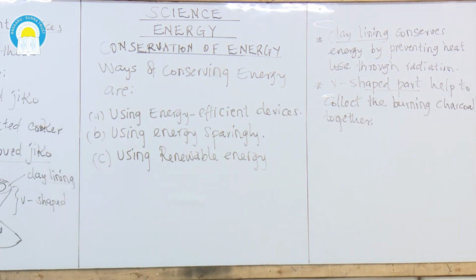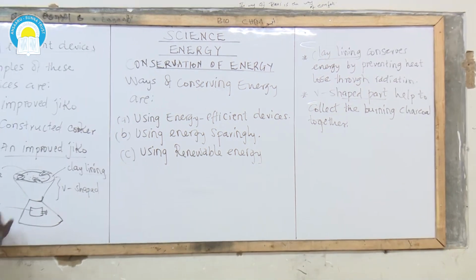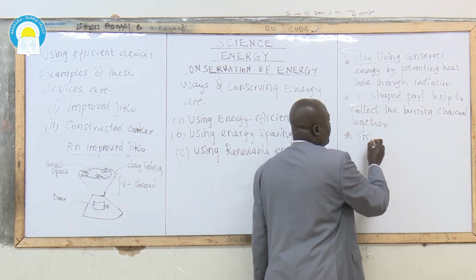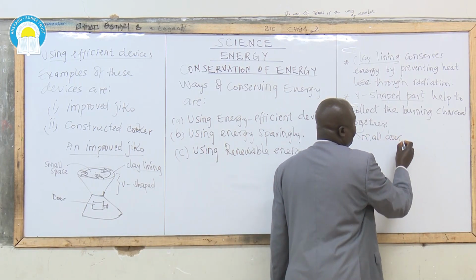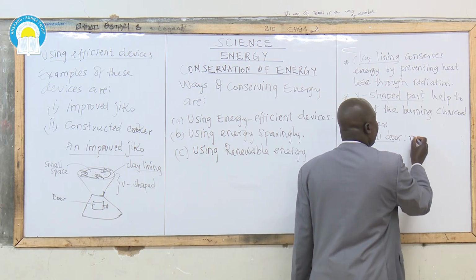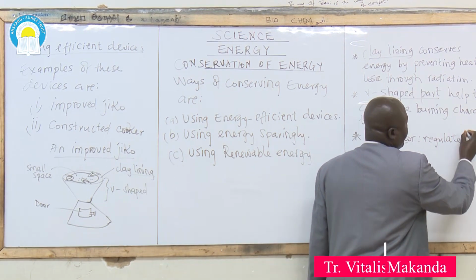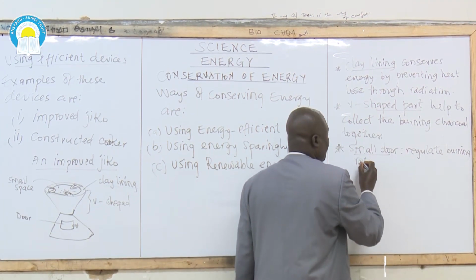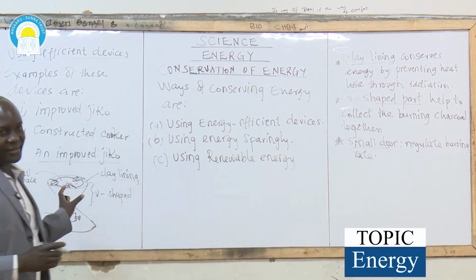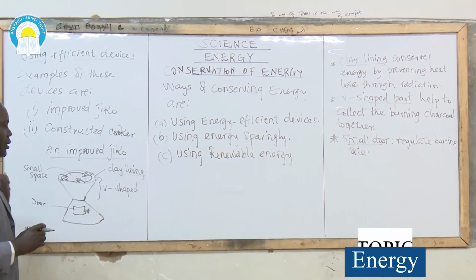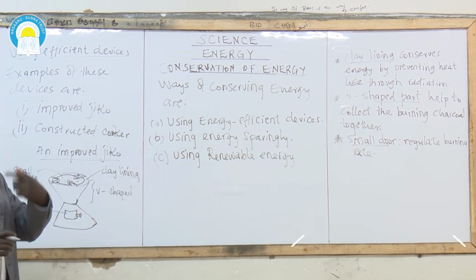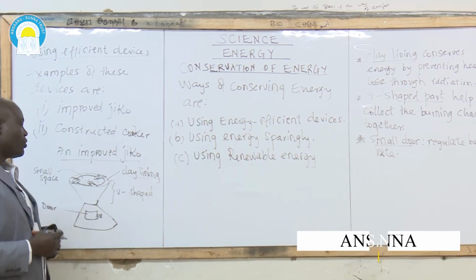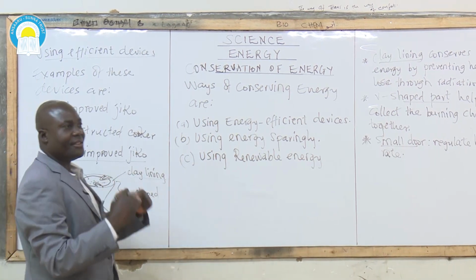Also, there is the small door or vent, which regulates the burning rate. For instance, if you want the burning to go very fast, you open the door so that air can enter and burning happens very fast, giving more heat. But if you want to reduce the burning rate of the charcoal, you close it so that the burning reduces.